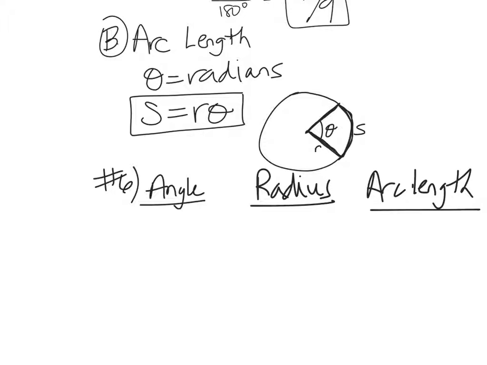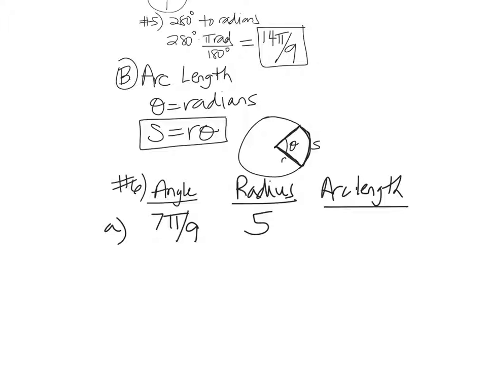All right, so let's do this one. Let's say that the angle of our central angle is 7 pi over 9. The radius of our circle is 5, and we need to find the arc length. This is probably the easiest out of the 3, okay? You're just plugging it into this formula that you have memorized that says the arc length is the radius times the angle in radians.